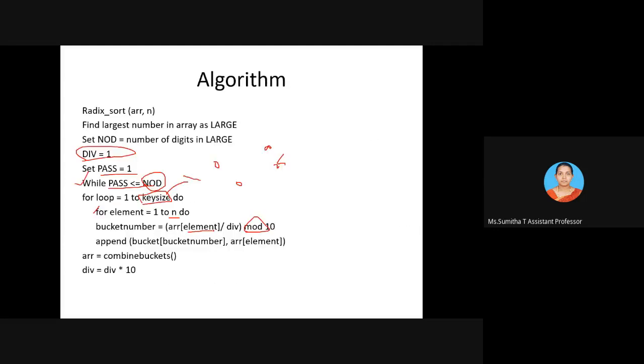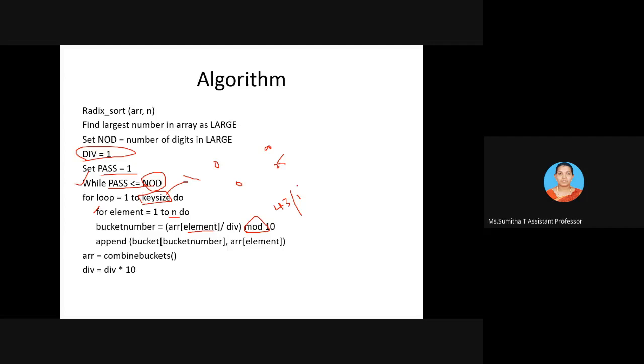For example, here 43 is the first element, so what do we do? 43 div, what is it? Div is equal to 1 for the first pass, and what is the value of 43 divided by 1? 43, right?